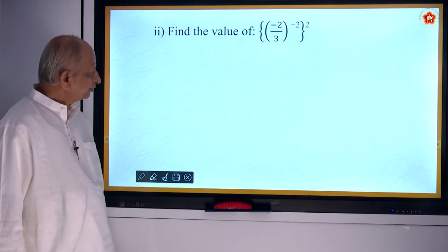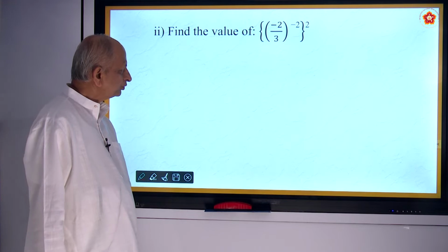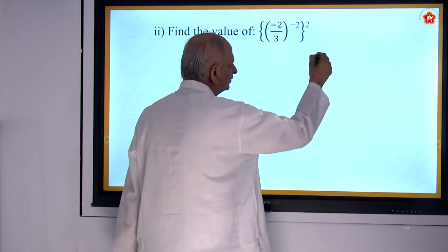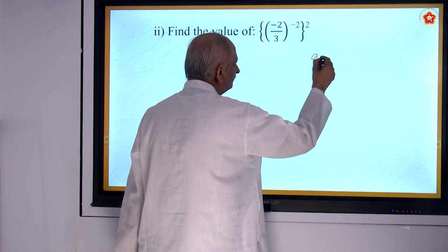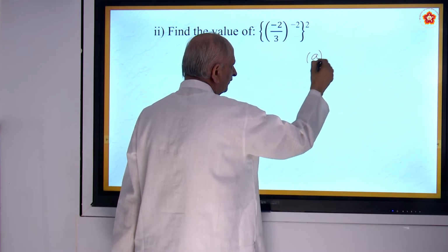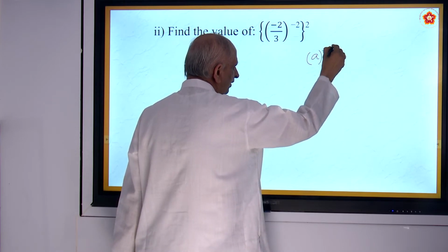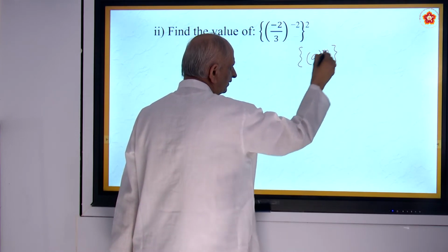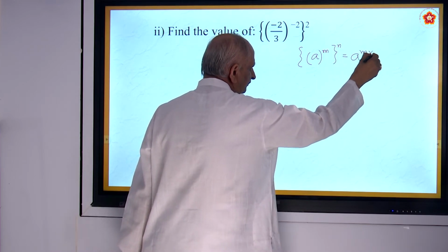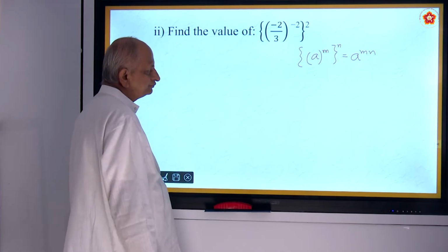Coming to second question. Minus 2 by 3 to the power of minus 2 to the power of 2. So here formula will be a to the power of m to the power of n is equal to a to the power of mn. That is one formula.